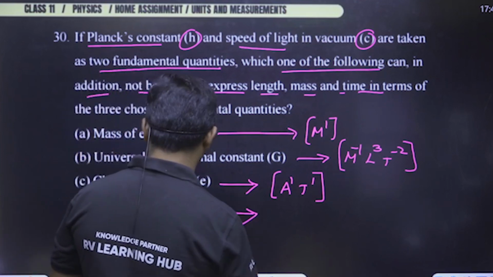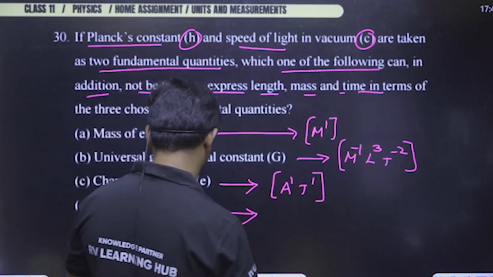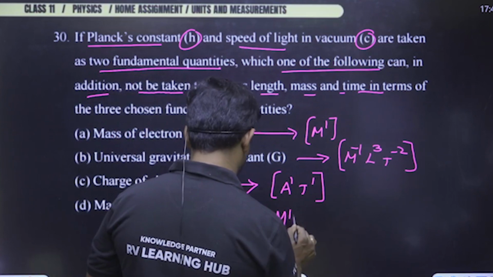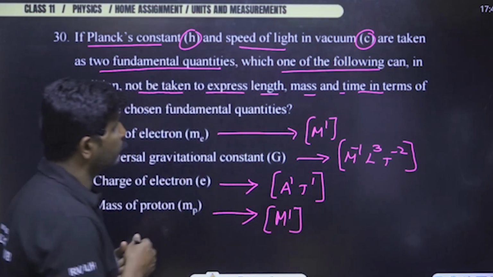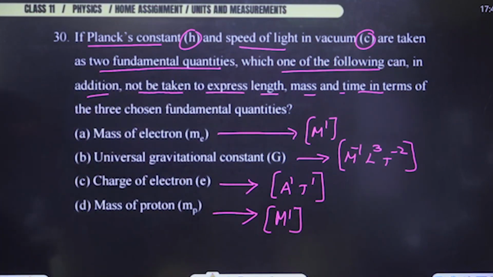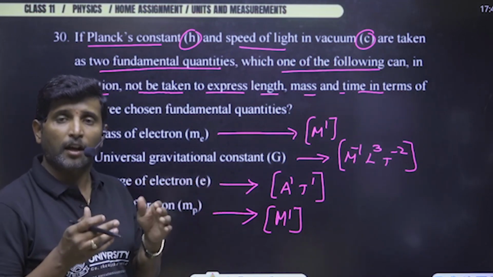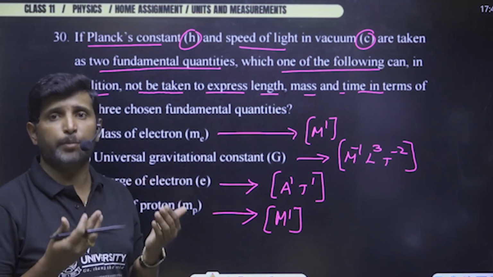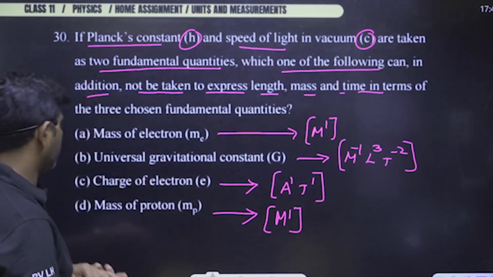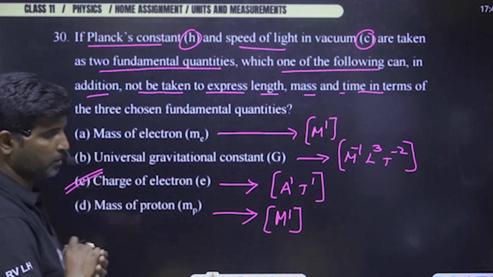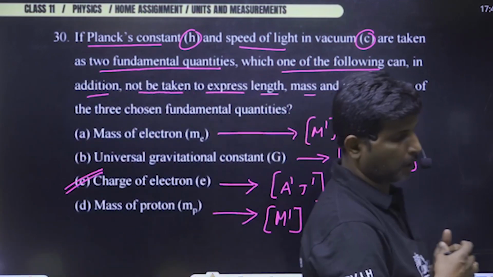And the mass of the proton is M to the power of 1. Is it right? So what is the option? Other than these three, the charge of the electron contains the unit ampere. Hence we can select option C as the right answer.